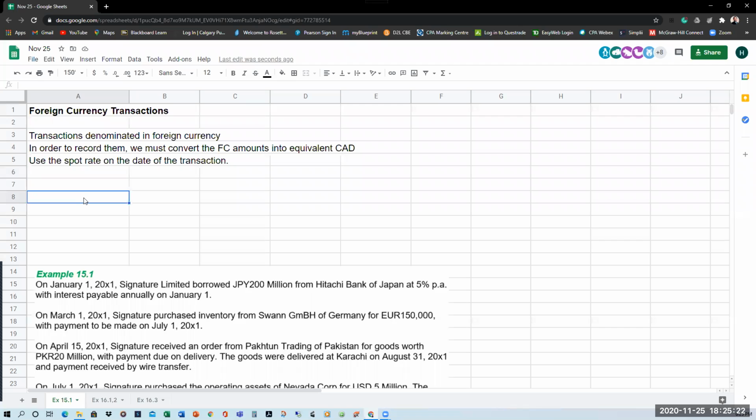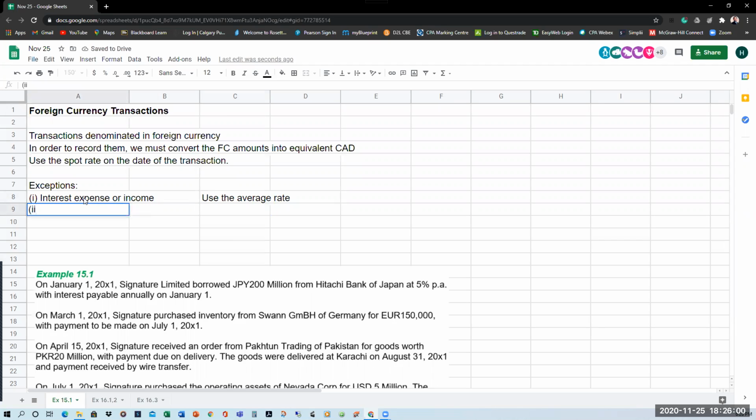Use spot rate on the date of the transaction to record the transaction. Specific exclusions or exceptions to this might be when you're dealing with something like interest. So interest expense or interest income, you will use the average rate over the period.